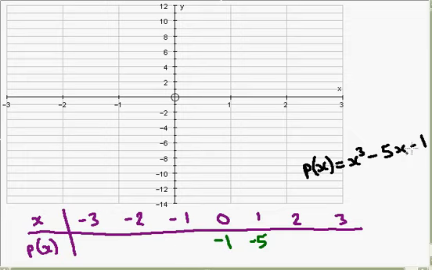When x is -1, we get -1 plus 5, which is 4, take away 1 is 3. Okay. When x is 2, you get 8, take away 10 is -2, take away 1 is -3. When x is -2, you get -8 plus 10, which is 2, take away 1 is -1.